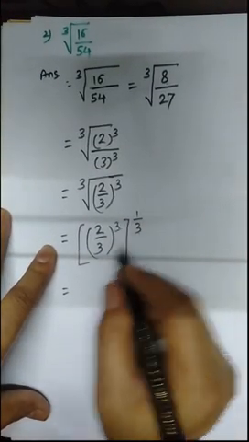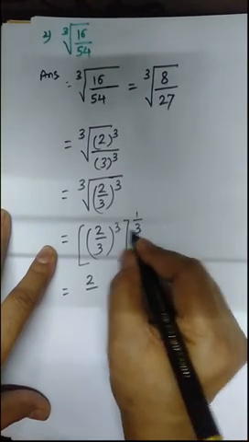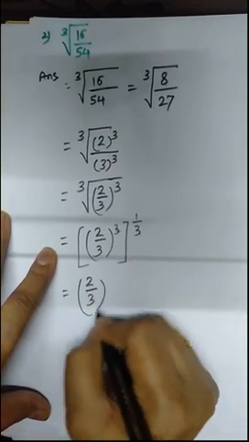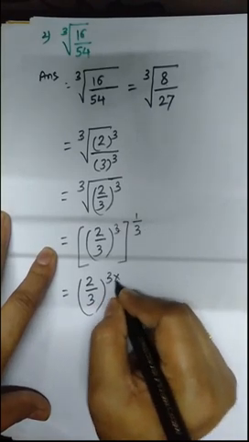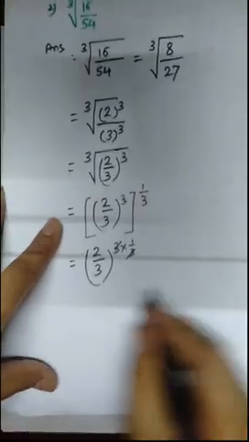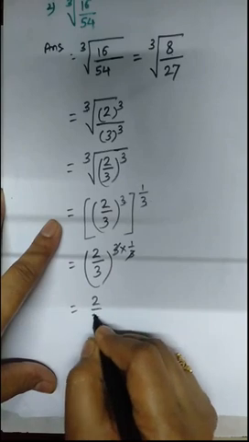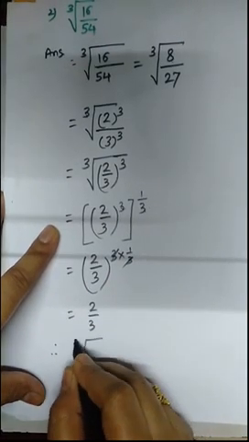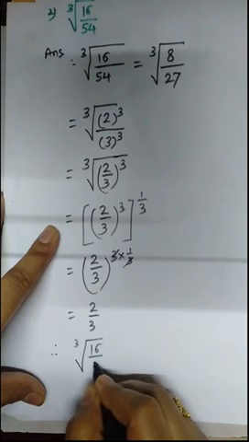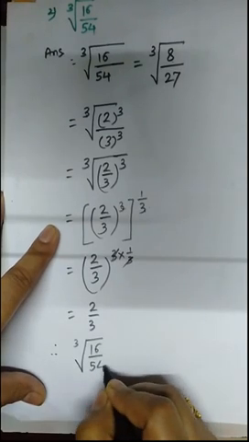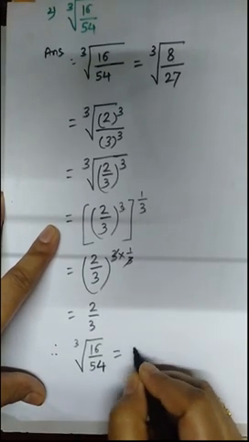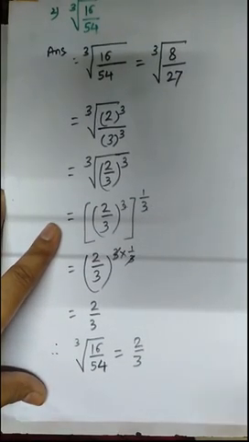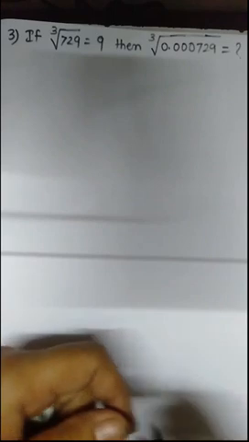Again, this sign means multiply to each other. So 2 upon 3 raised to 3 multiplied by 1 upon 3. 3 cancels, so it is 2 upon 3. Therefore write the answer line: cube root of 16 upon 54 is equal to 2 upon 3. Very simple. Now see the last question.